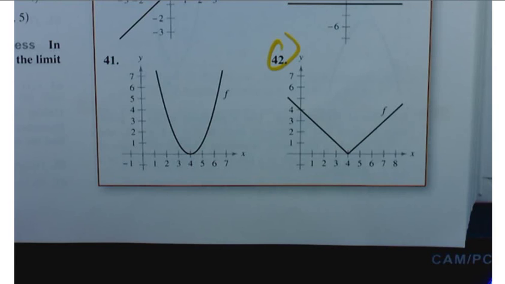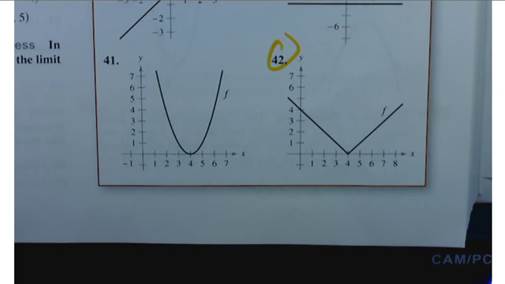So the derivative here would be a line with a negative value. At negative 1 here, y equals negative 1, up until we get to that corner point. Then what happens to the right of that point?